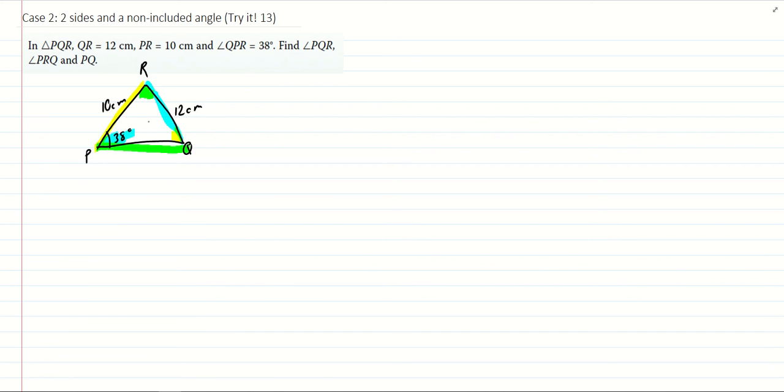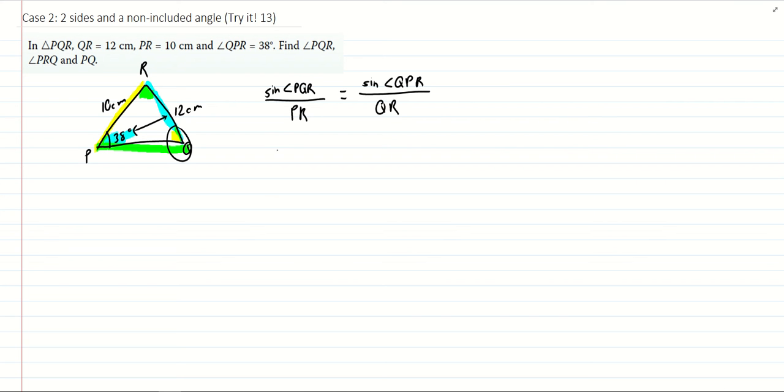The pair that is given, of course, is the one in blue, which is these two things over here. So this will probably be the right side of the equation. The only other length that is given is PR, which is 10 cm, so the angle that corresponds with it is PQR. So we'll quickly write down: sine angle PQR over the length that corresponds with it, which is PR, equals the pair that is given, sine QPR over QR.